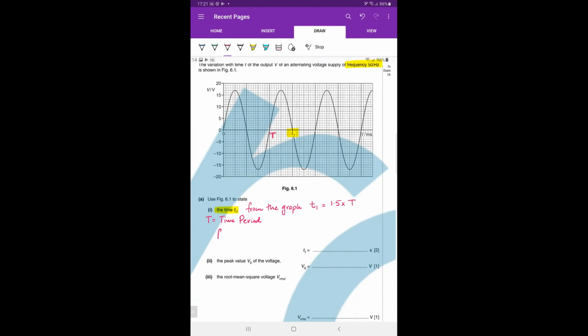Okay, so frequency is given as 50. This will lead to a time period of 20 milliseconds. Sorry, yaar. So T1 will be 1.5 times of 20 milliseconds.